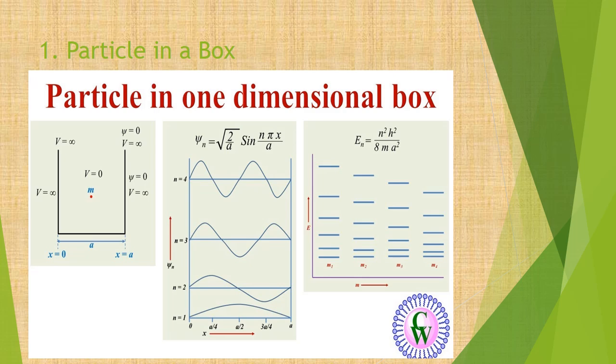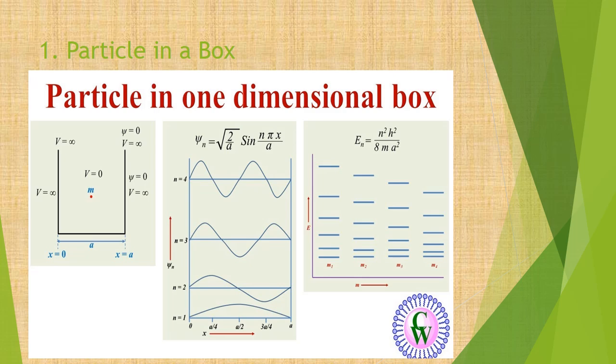So first one, particle in a box. Look at the picture. Consider a particle moving inside a box along the x direction. The particle is bouncing back and forth between the walls of the box.